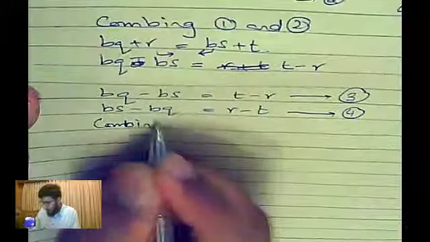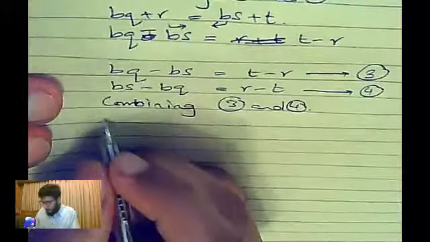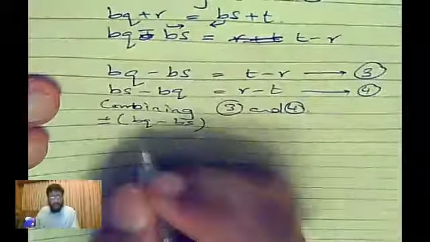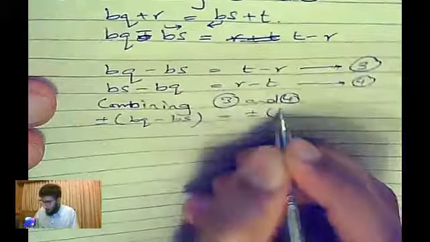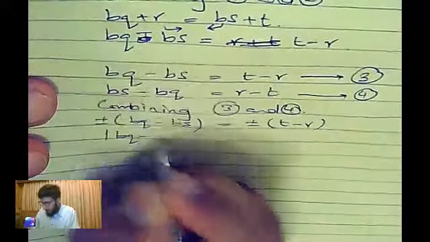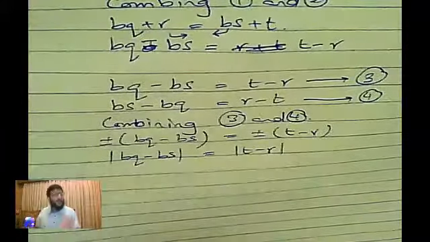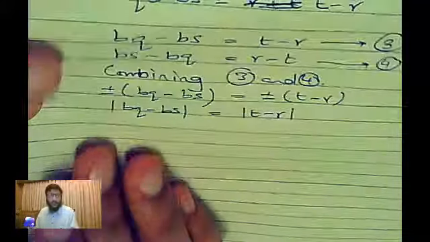Combining 3 and 4, we have plus or minus (BQ minus BS) equals plus or minus (T minus R). This implies the modulus of BQ minus BS equals the modulus of T minus R. The difference of both numbers, no matter what the arrangement is, should be equal.